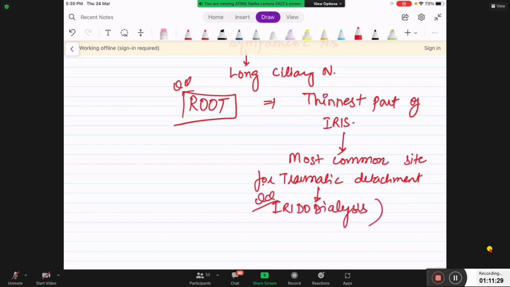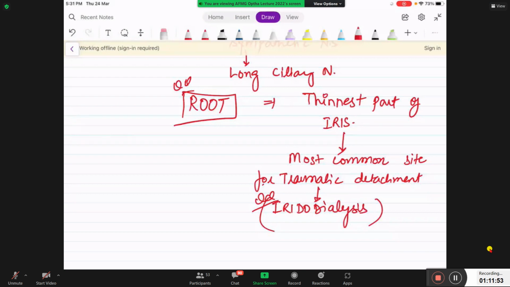Important question. Iridodialysis. Dialysis means detachment. So this is called traumatic detachment of the iris. And if they ask you which is the most common site for detachment, the answer will be the root of the iris.